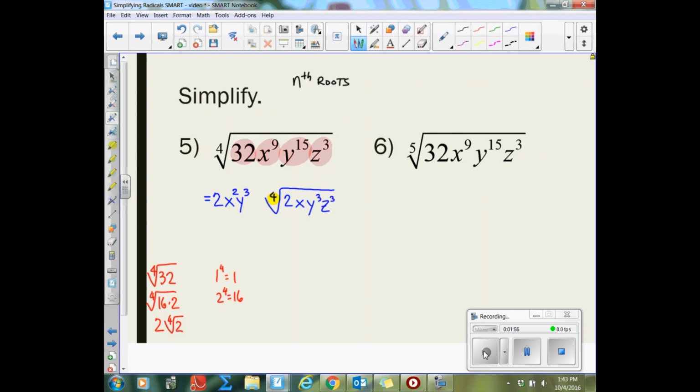So those will stay inside of the radical. And these are multiplied even though there's a big space left over.